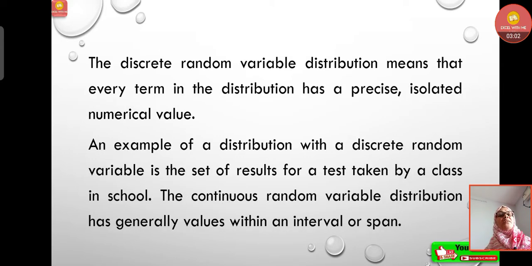The discrete random variable distribution means that every term in the distribution has a precise isolated numerical value. An example of a distribution with a discrete random variable is the set of results for a test taken by a class in school. The continuous random variable distribution generally has values within an interval or span.